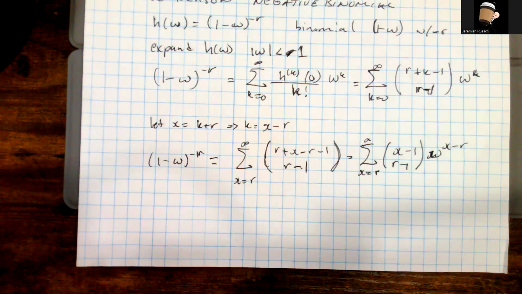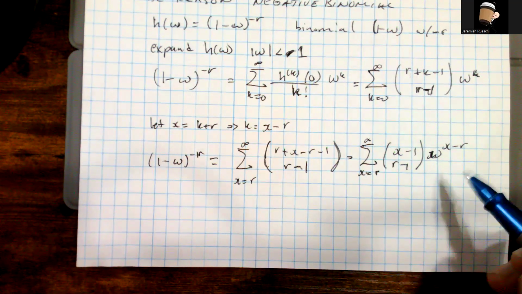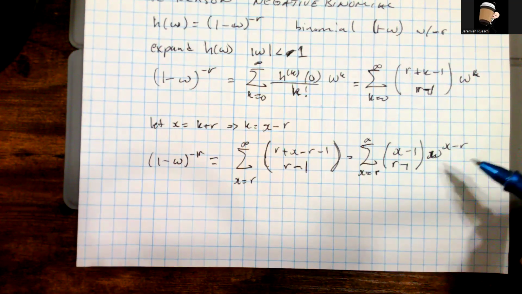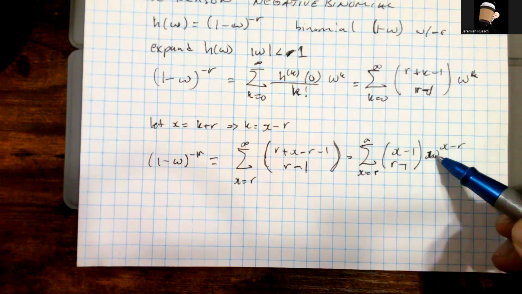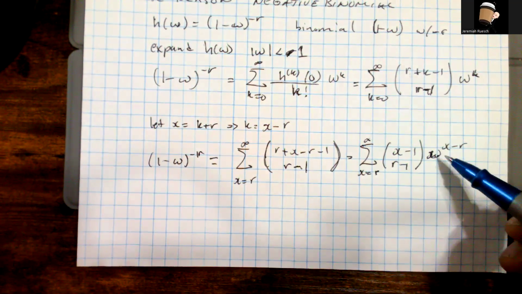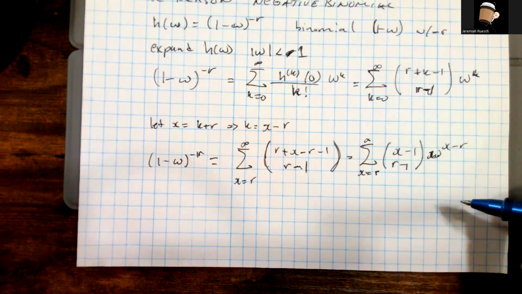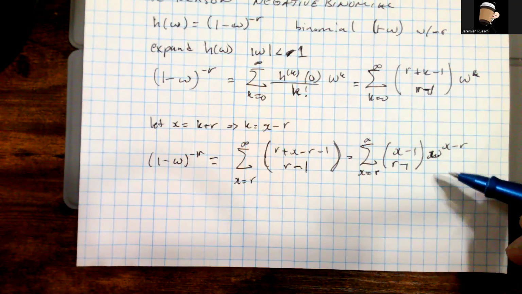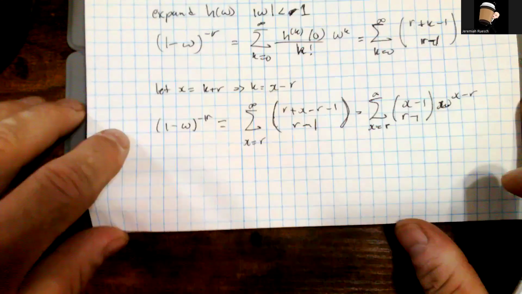The sum of which, with the exception of the factor of p to the r, is a negative binomial when w is equal to q. So if this is equal to q, then it's really close to a negative binomial. In particular, notice that the sum of the probabilities for the negative binomial is 1. Okay, and why is that, you might ask?